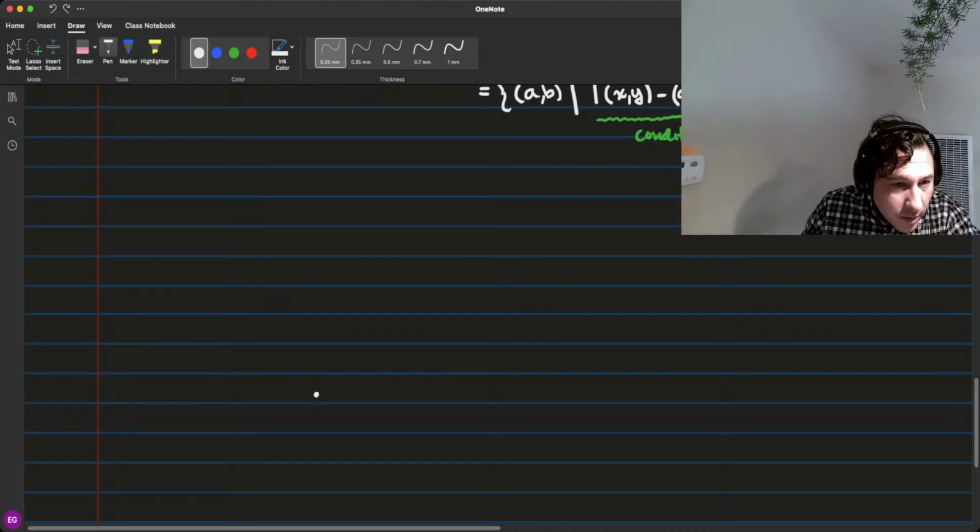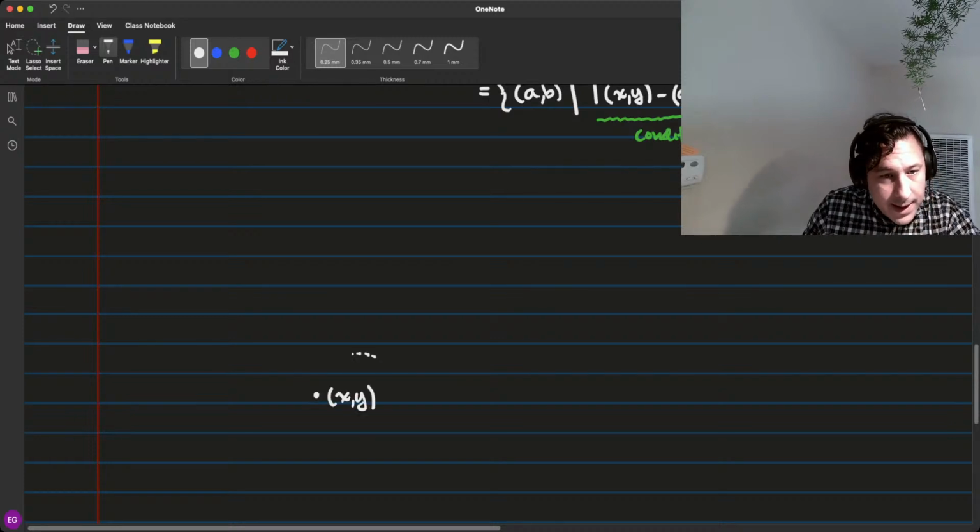You have this point, x comma y, and this point is on the xy plane.